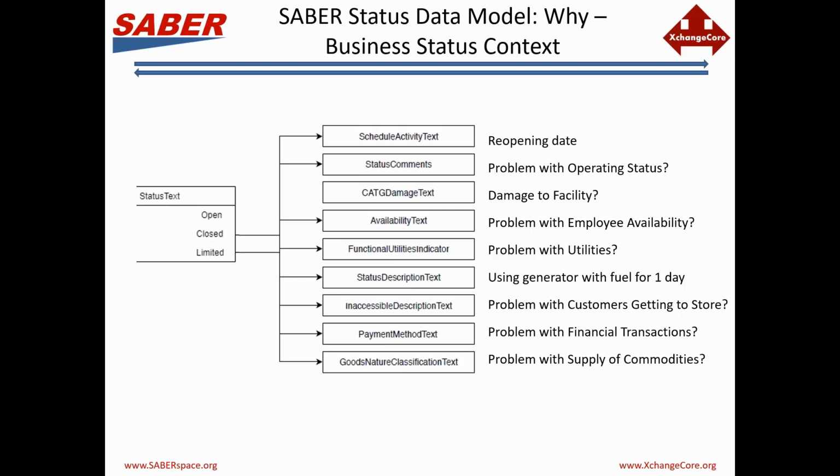Same things that you saw earlier: the questions and data elements, damage to the facility, employee availability, utilities, using a generator, financial transactions, do you have a supply of your commodities? All those things are now translated into the set of words that we're going to use for making a common exchange. These happen to be the set of words for the NIEM common exchange.